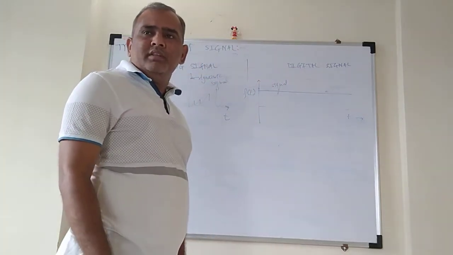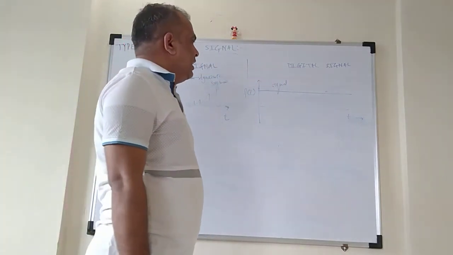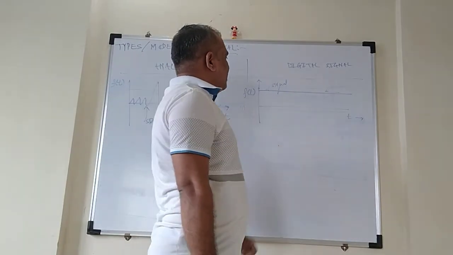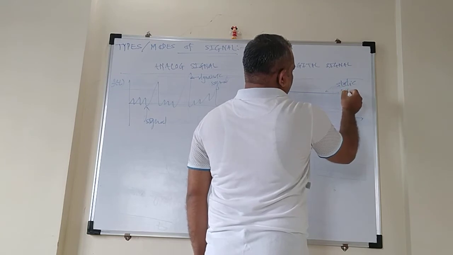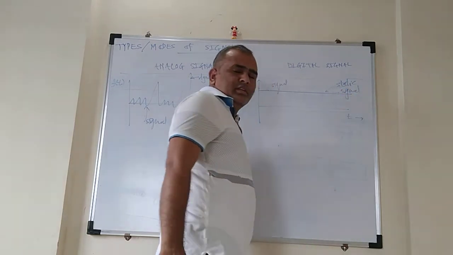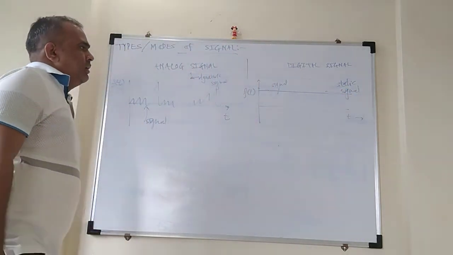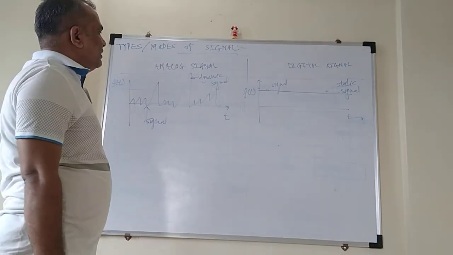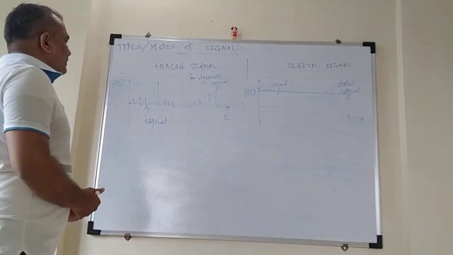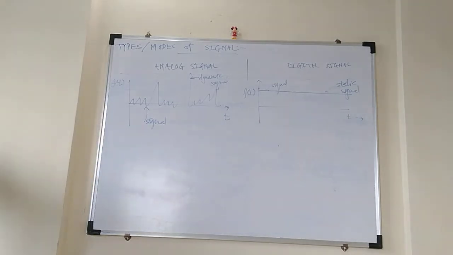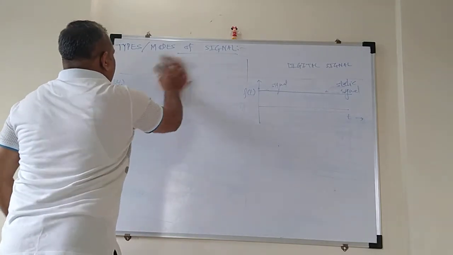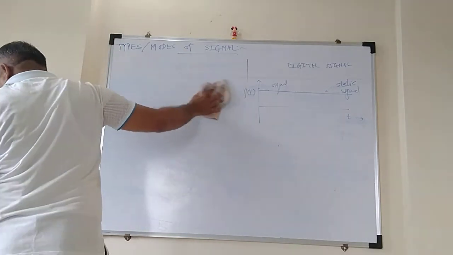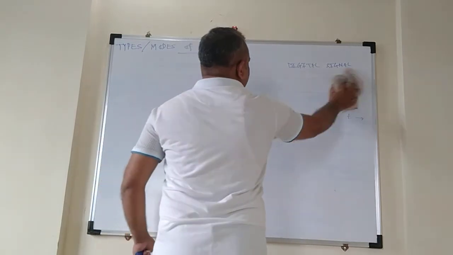It's not varying with the independent variable, and therefore this kind of signal is called a static signal. Hope you have understood these two kinds of signals also. And the next kind of signal is the stationary signal and non-stationary signals.